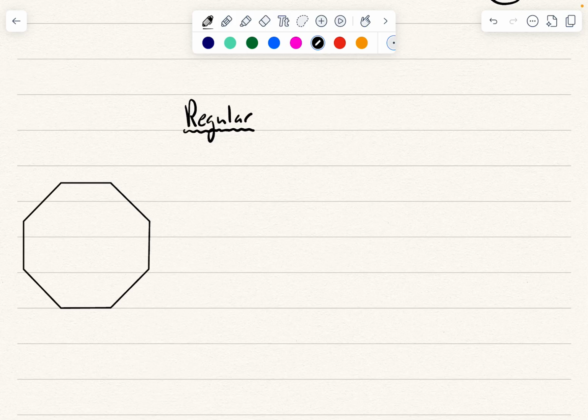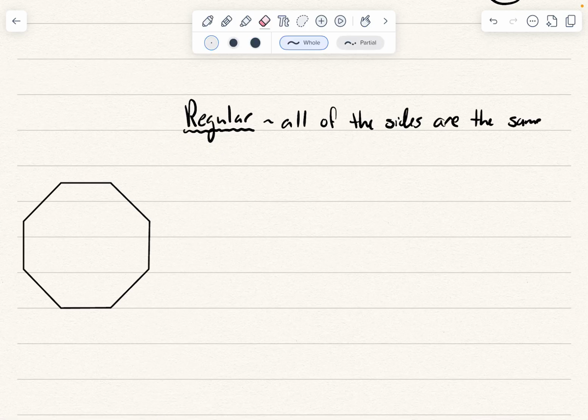The image I've drawn right here, this octagon that kind of looks like a stop sign, I've tried to illustrate what regular is. A regular polygon means that all of the sides are congruent.